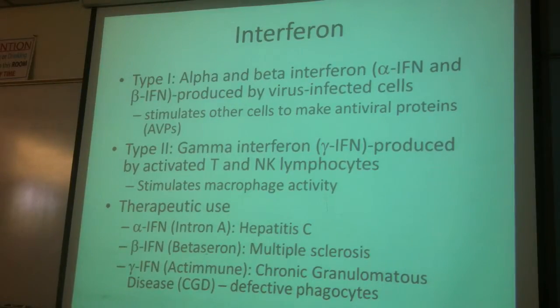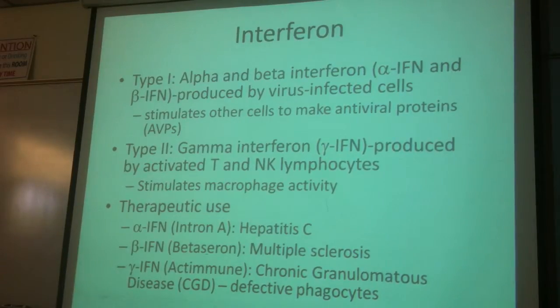The gamma interferons are produced by activated T cells and natural killer leukocytes, the NK cells, okay? And these come through and stimulate macrophage activity. And so they're saying, this cell is infected, kill this cell.